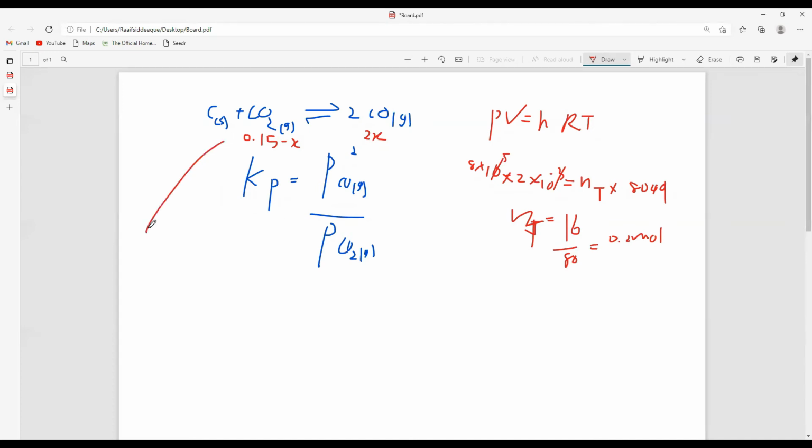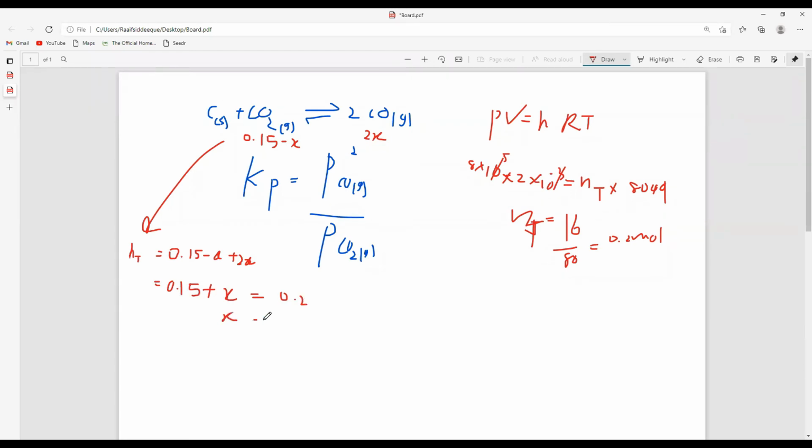And you know, nT at equilibrium should be 0.15 minus x plus 2x, because it's the sum of these two. So I am going to end up with 0.15 plus x. And this is equal to the amount obtained from PV equals nRT, 0.2.